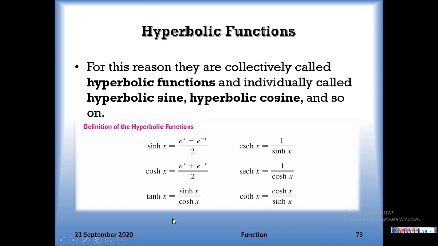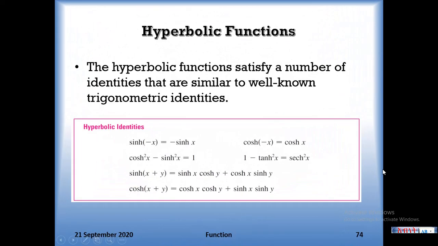So these are called hyperbolic functions. The hyperbolic functions satisfy a number of identities that are similar to well-known trigonometric identities. So sinh of minus x is equal to this, and you can use it.